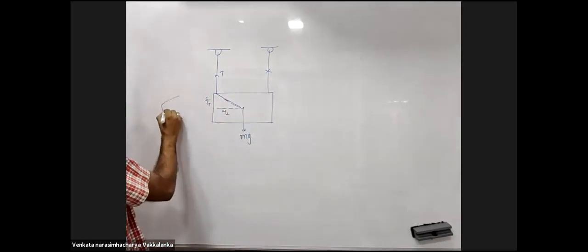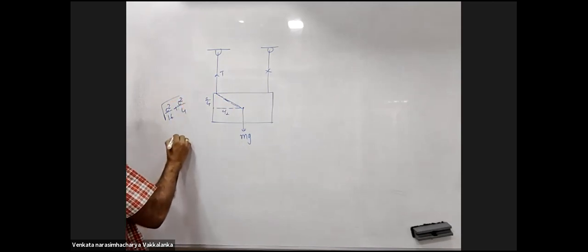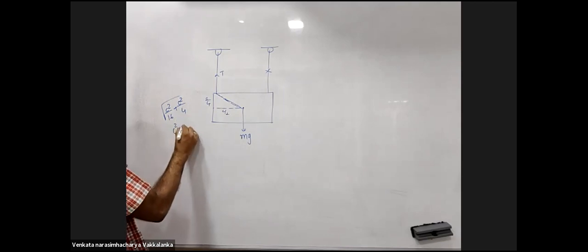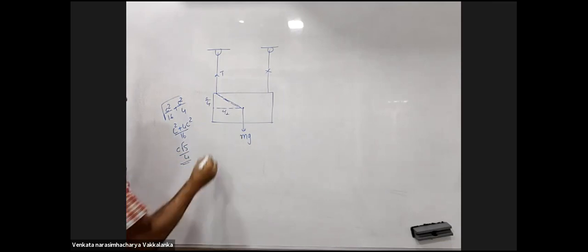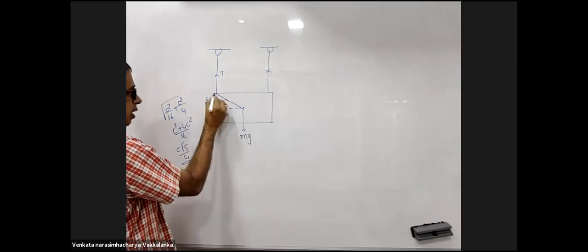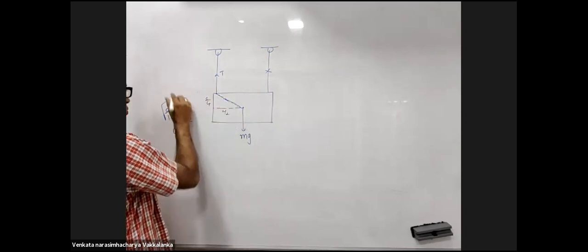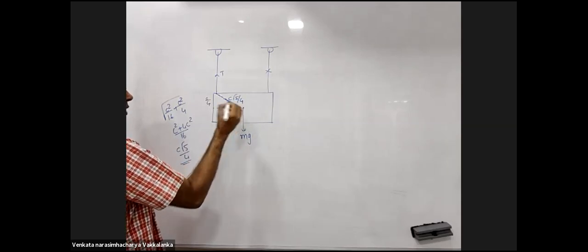Right? Root over of C square by 16 plus C square by 4, so root 5 C by 4. Some people went wrong with this hypotenuse calculation. That will be side L, C root 5 by 4.